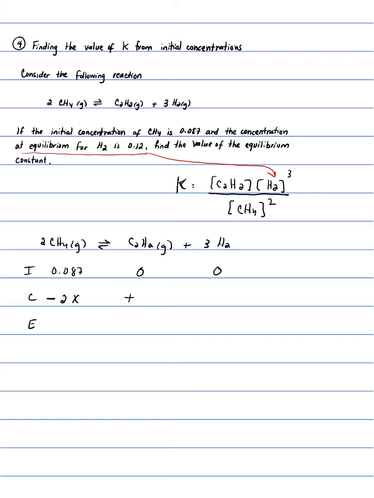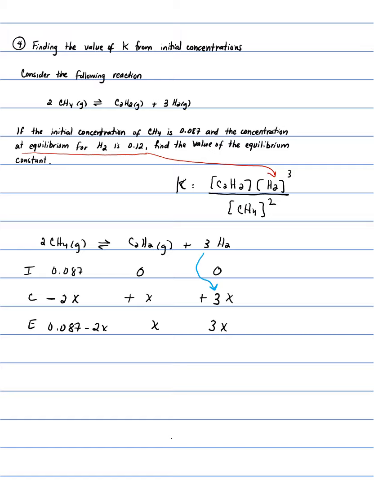The products are increasing, coefficient of 1, that will be x. The second product is increasing by x also, but now you have a coefficient right there, so that will be 3x. So here at equilibrium, 0.087 minus 2x. For this product here, we have x, 0 plus x is just x. For the second product, 0 plus 3x, which is just 3x.